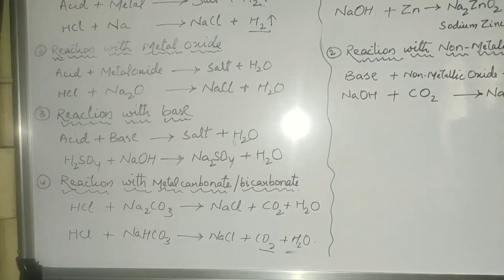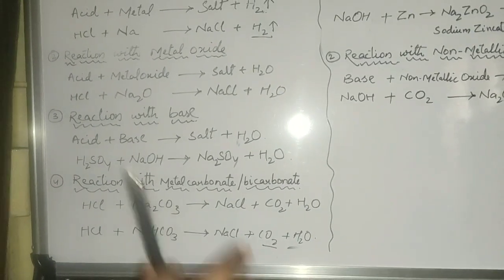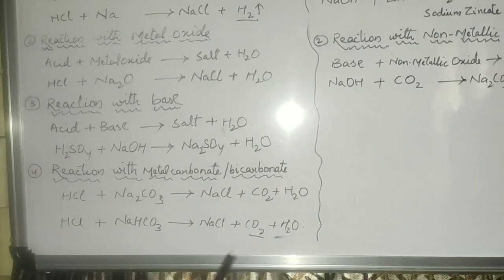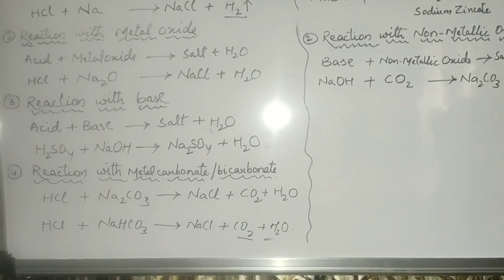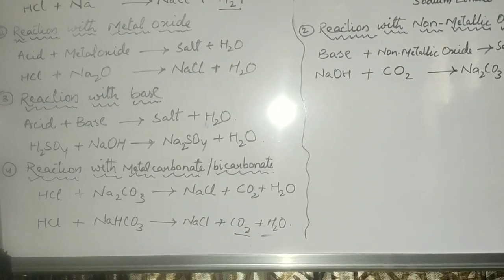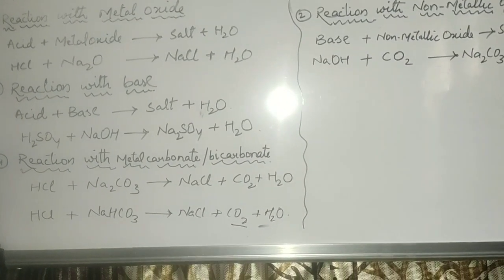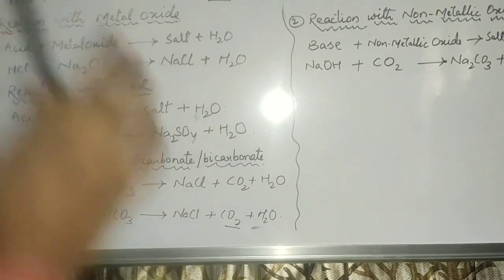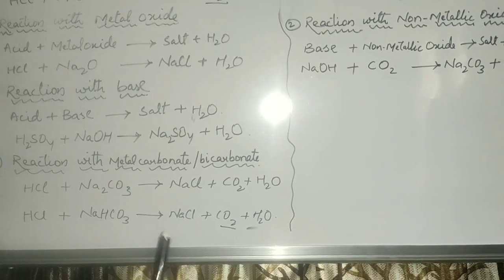Another test is, if this gas is passed through lime water, remember it, lime water is calcium hydroxide, the lime water turns milky white. Then it confirms that carbon dioxide is released. These are the chemical properties of acid.